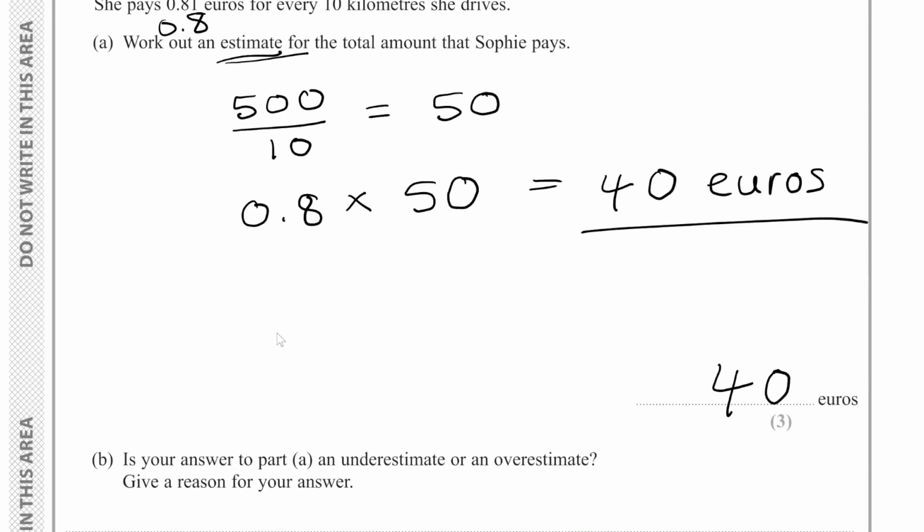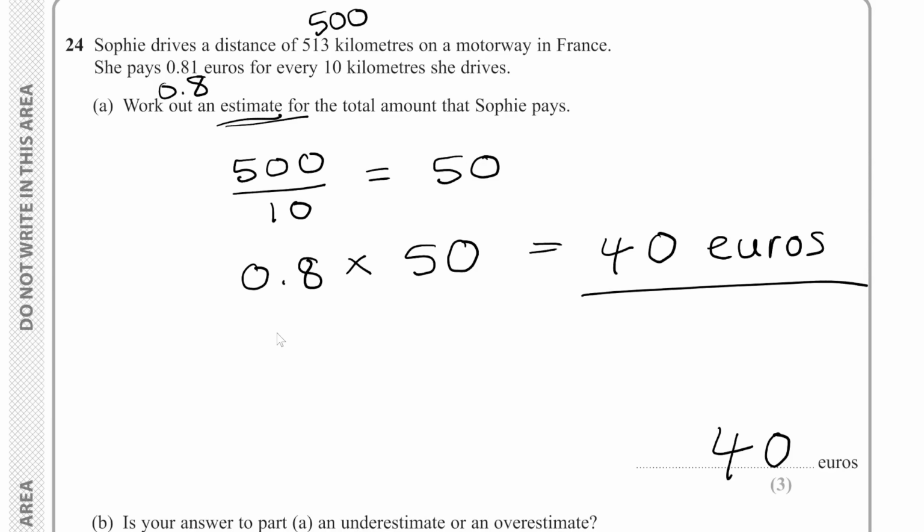Is your answer to part A an underestimate or an overestimate? So we've rounded our distance down and the price down. So we have underestimated. The actual answer would be higher. So it would be 51.3 times 0.81. That's going to be a bigger answer.